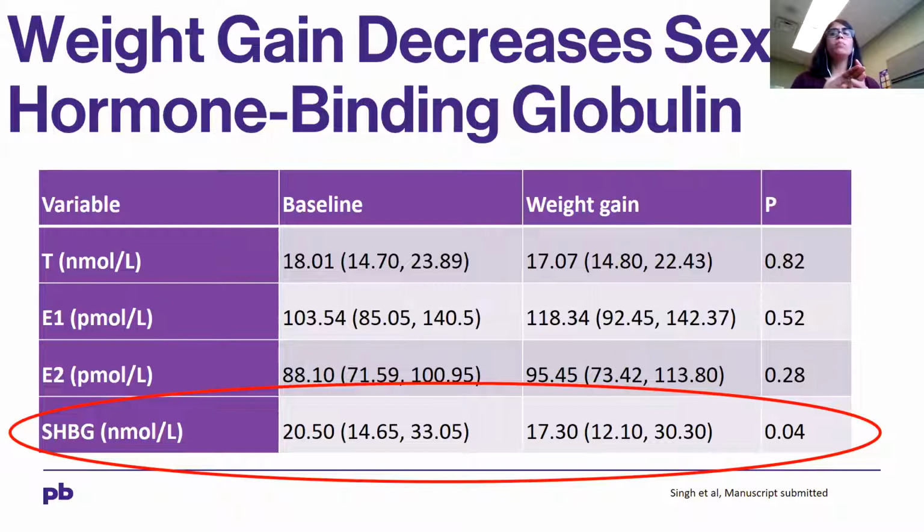SHBG is the sex hormone binding globulin, which binds to all these sex hormones and determines how much of it would be available for any action at the cellular level. Now, these decreases in SHBG did translate to statistically significant increases in testosterone and estrogens.